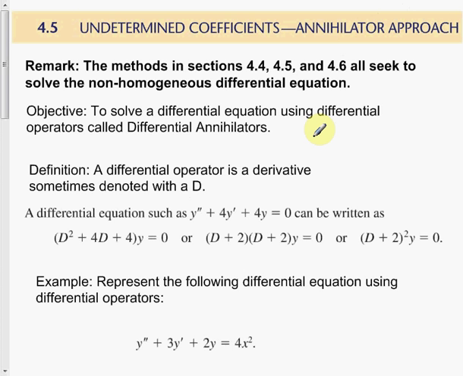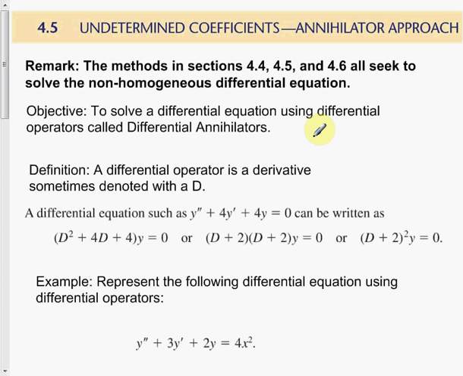If you can factor, then that's good. You can factor that into D plus 2 times D plus 2 operated on y. And we read that is equal to 0. And then you can simplify that. That's just D plus 2 squared operated on y equal to 0.